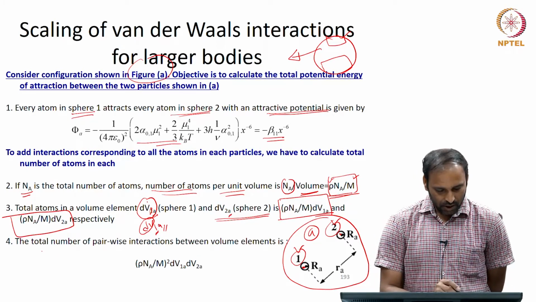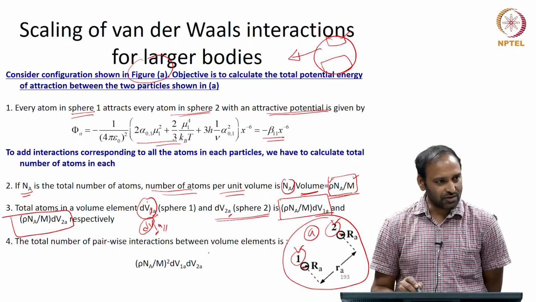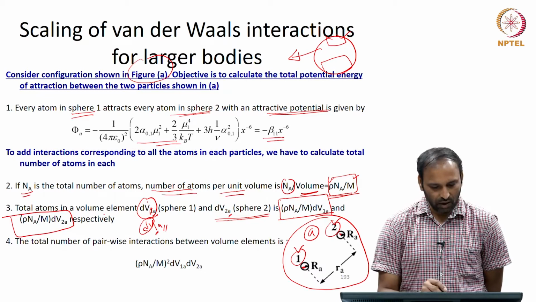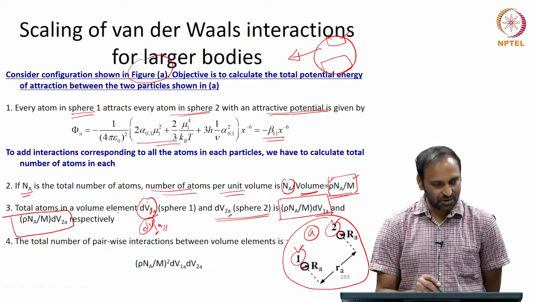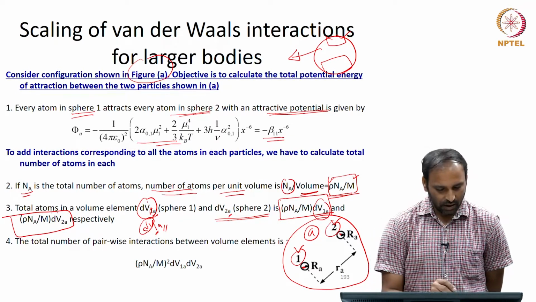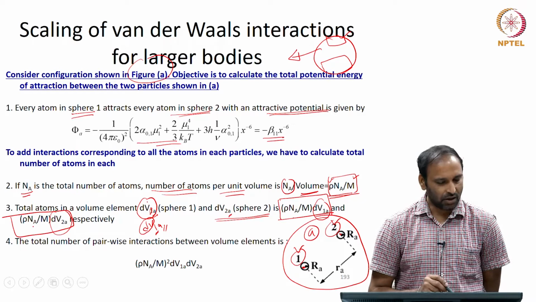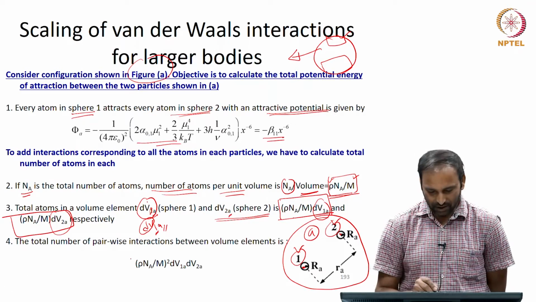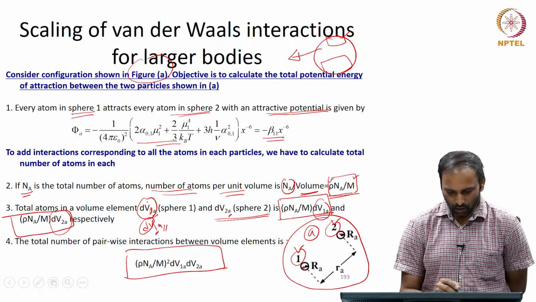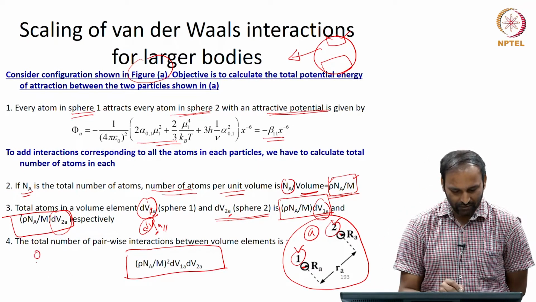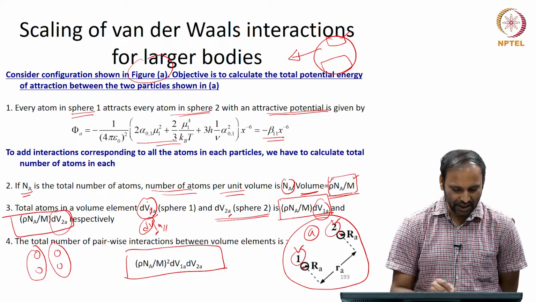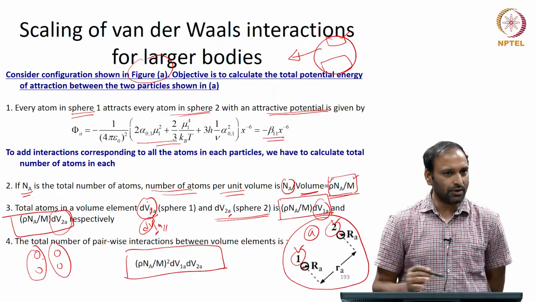The total number of pairwise interactions is essentially the product of the total number of atoms in the differential volume dV1A and in the differential volume dV2A. One way to think about this: imagine a colloidal particle, just for simplicity, which has only two atoms.